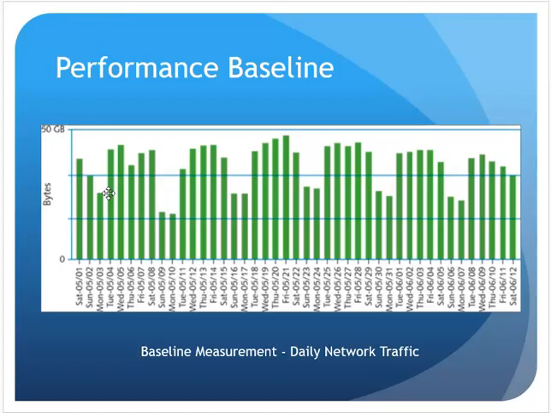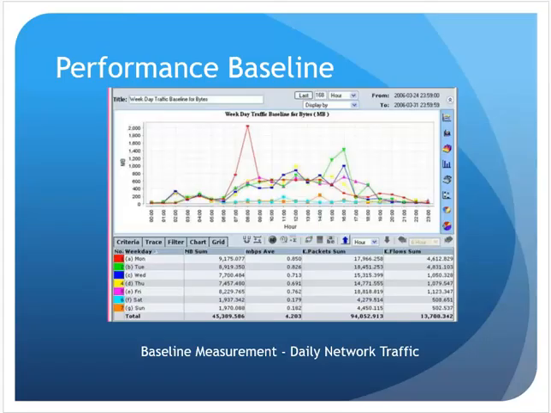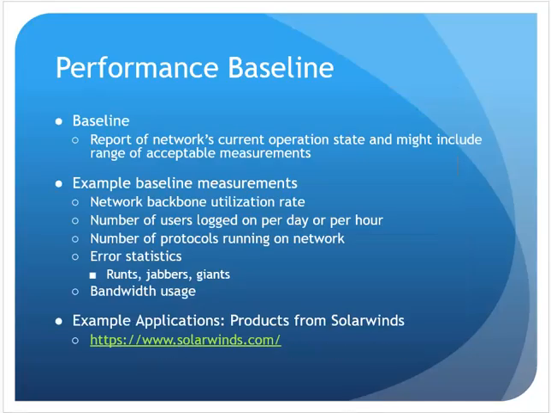Maybe certain applications get run at a certain time of the month, or maybe certain things get filed at a certain time of the month, and I'll be able to catch up to that as a normal ebb and flow of my traffic. So I would need some baseline data and then start building from that what's normal and what are the anticipated spikes, versus the spikes that are out of the ordinary. That would all be helpful from a baseline. Again, there are utilities out there to help build that baseline data.